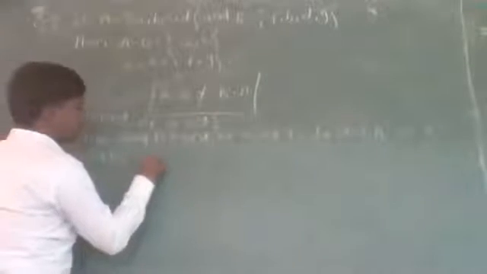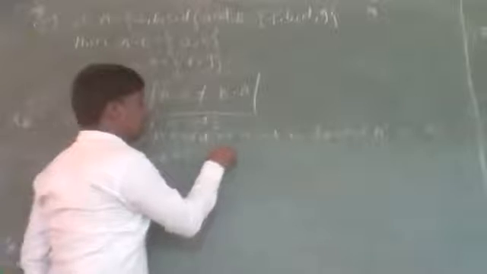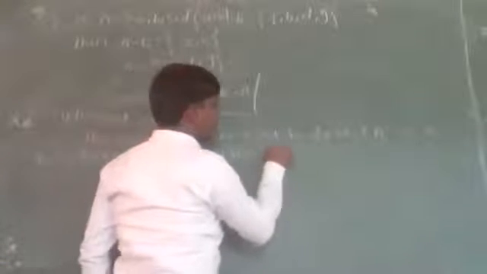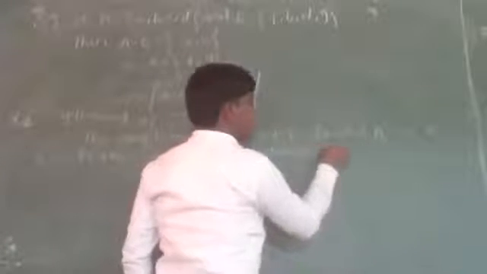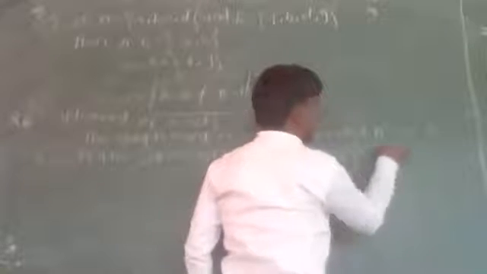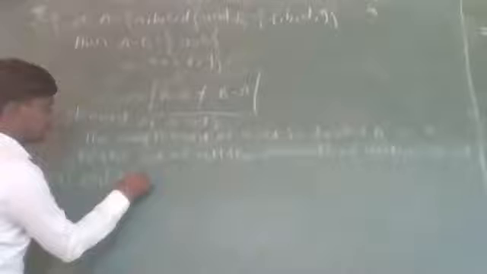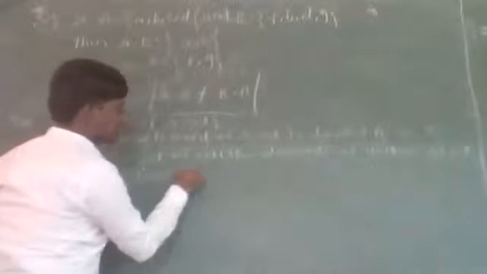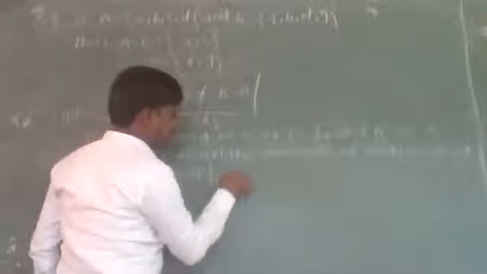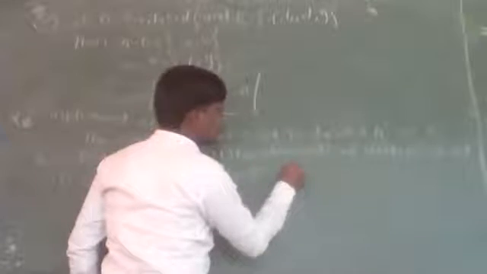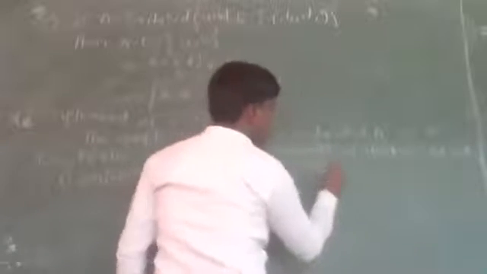It is the set of all the elements of the universal set U which do not belong to set A.